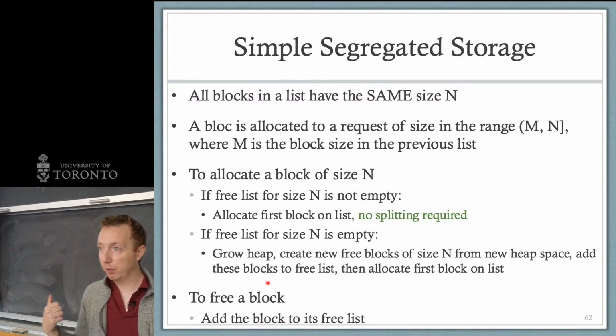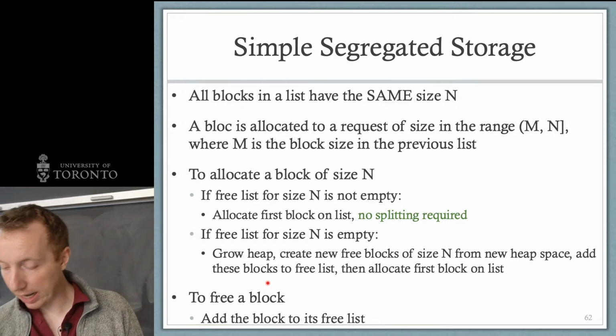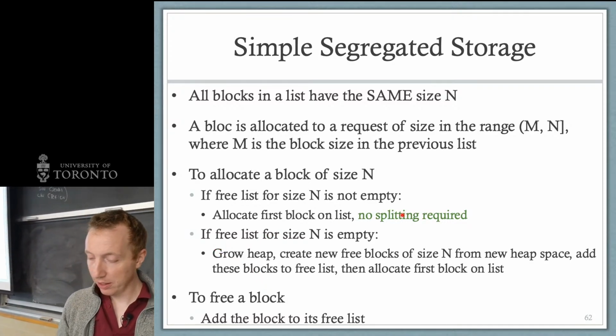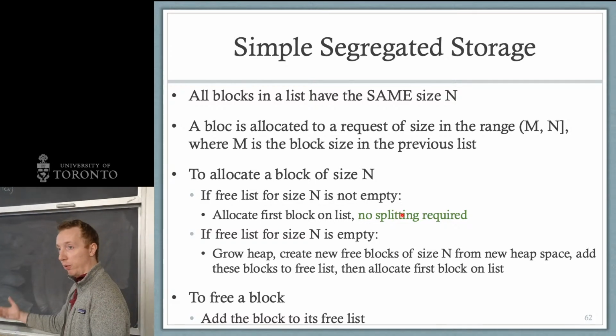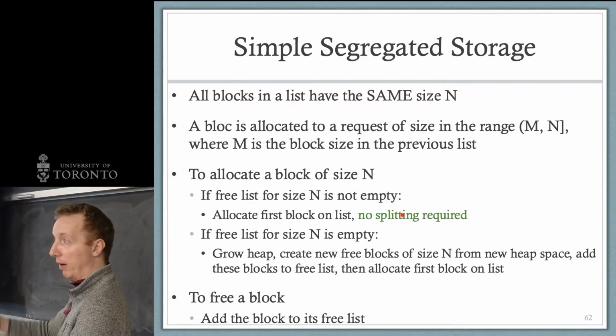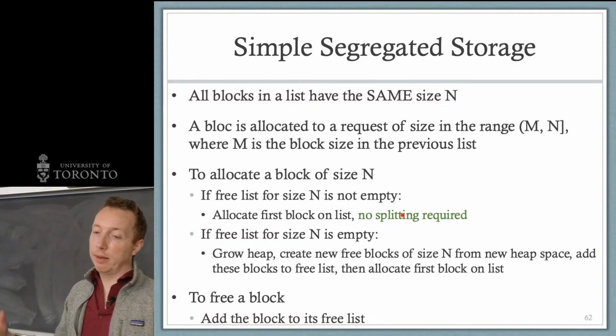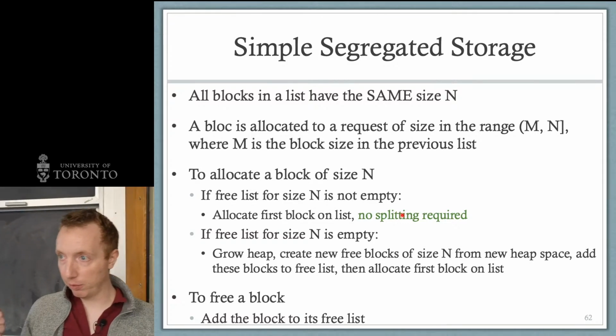You don't have to split. You know the sizes of it. It fits exactly. And if the free list is empty, at that point, you grow the heap, and then you create a new free block of size n based off how much you expanded the heap, add the blocks to the free list, and then allocate the first block in the free list.